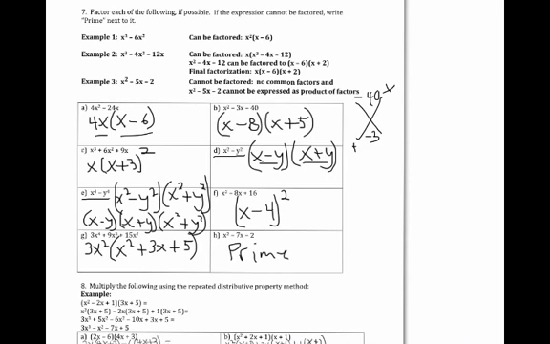So we end up factoring this to the square root of x to the fourth, which is x squared, minus the square root of y to the fourth, which is y squared, and then we also get (x squared plus y squared). But this first one here can be factored again, because it's again the difference of two perfect squares. So we end up with (x minus y) times (x plus y) times (x squared plus y squared), because that cannot be factored. So that's our final factorization.